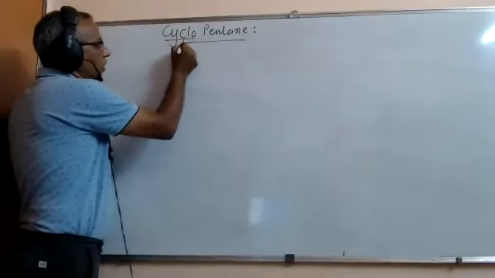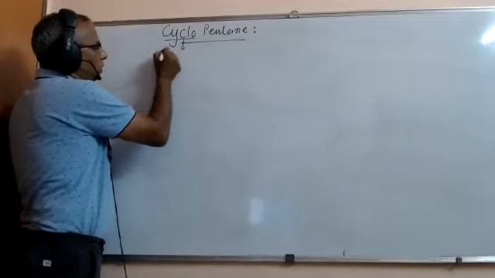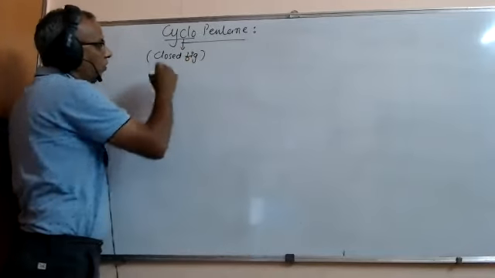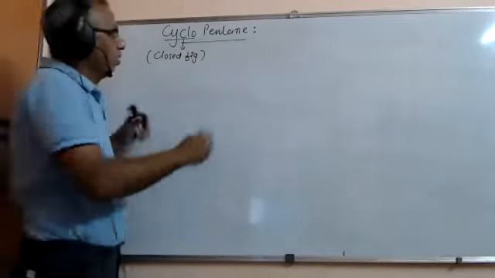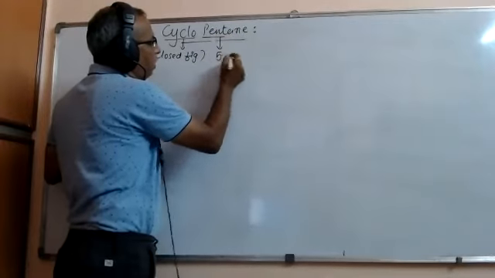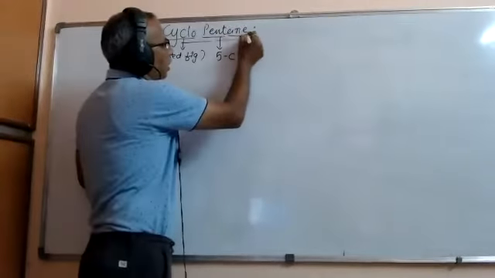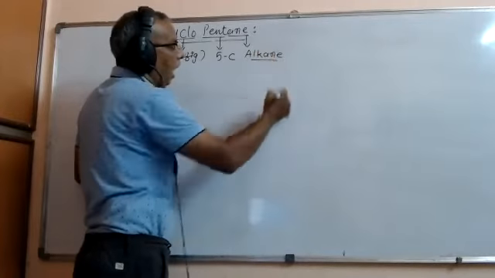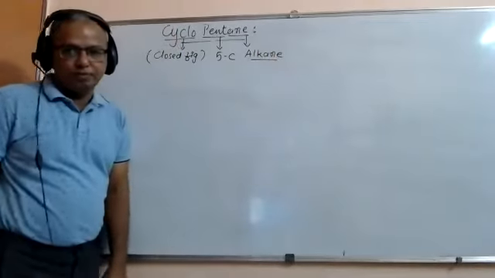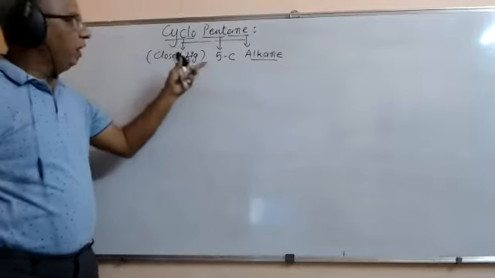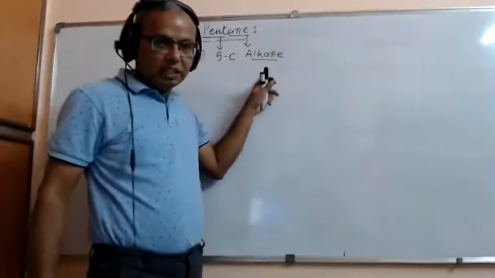The cyclo word is used for closed figure of organic compounds. Pent is for 5 carbons, and the ane suffix is used for alkane functional group. So this is the identification.